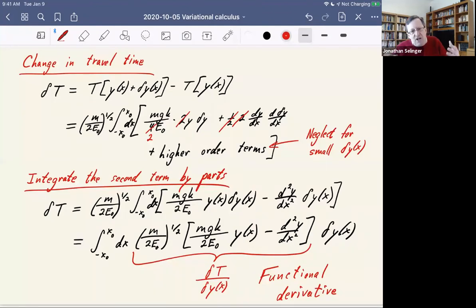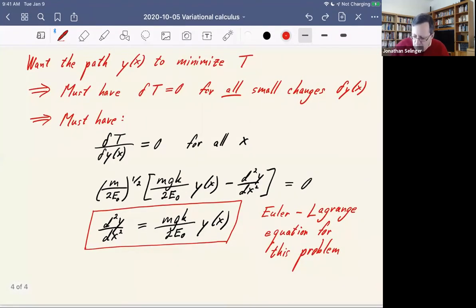Because if a small change gave a lower travel time, you should do that path instead. And if a small change gave a higher travel time, then you should make the opposite change and get a lower one. Okay. So the only way we can have a minimum is if this functional derivative is equal to 0.